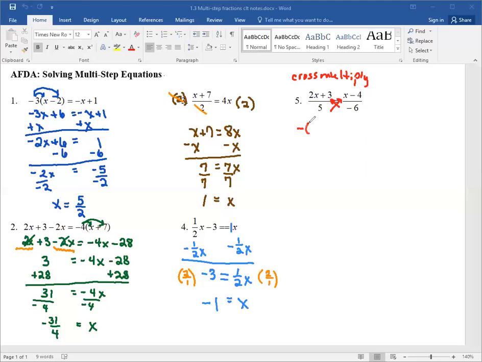So negative 6 times 2x plus 3 is equal to, okay, bottom left times top right, 5 times x minus 4. Okay, how did I know what went on the outside of the parentheses?